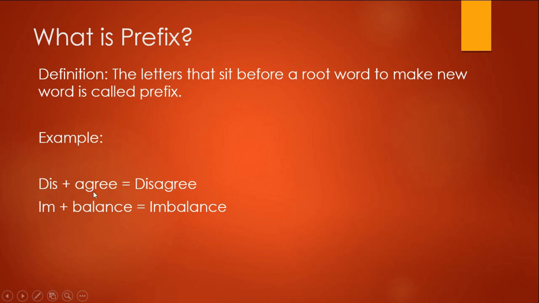So agree is the root word and this is the prefix, and it's added and makes a new word, that is disagree. In the same way, balance is the root word. If we add im before this root word, it will make another new word, that is imbalance. So we can say dis and im, these two are prefixes.